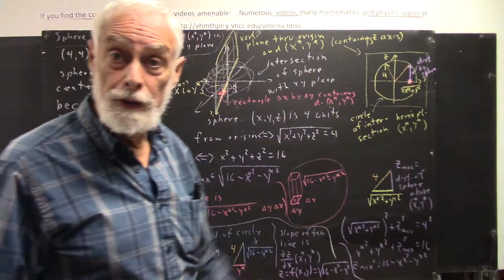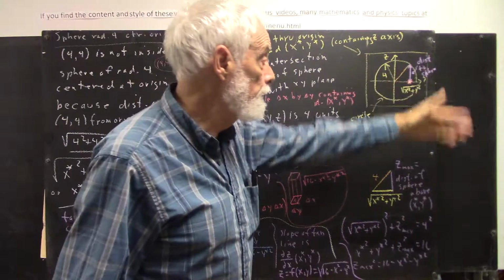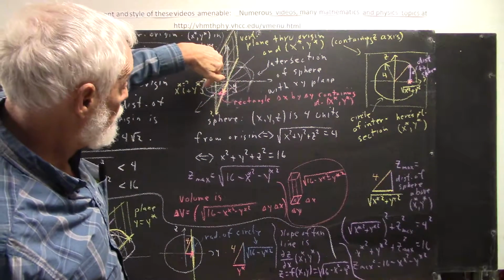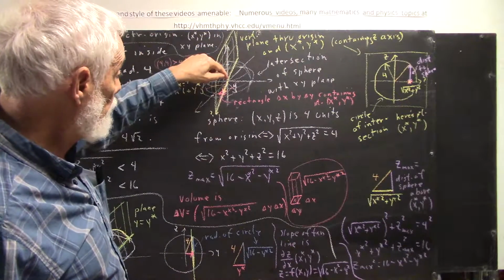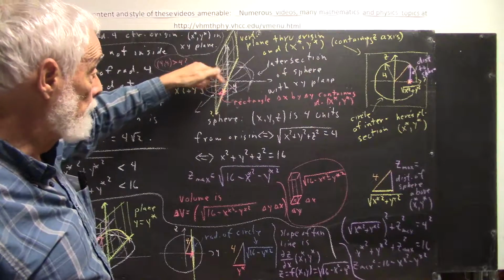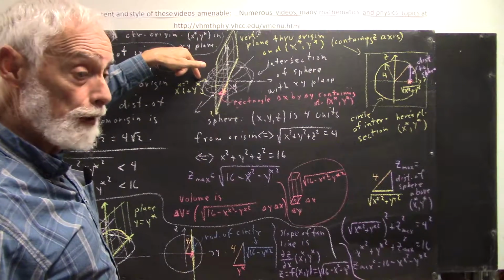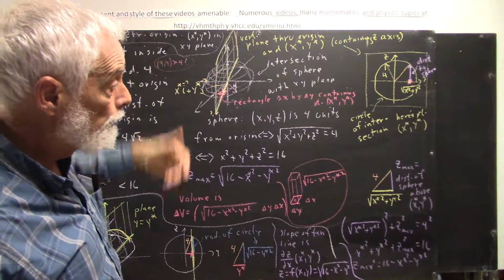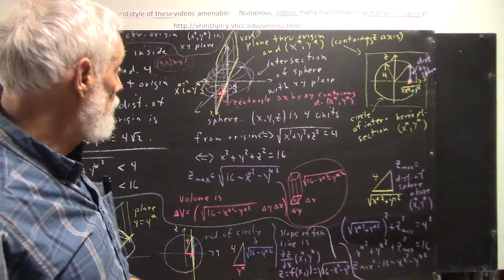Now my question is, how far along this axis is it? Okay, this axis makes an angle with the x and the y axes. How far from here to here? Well, the vector from here to here is x star i plus y star j. It has magnitude square root of x star squared plus y star squared.